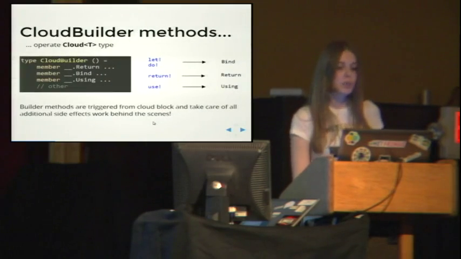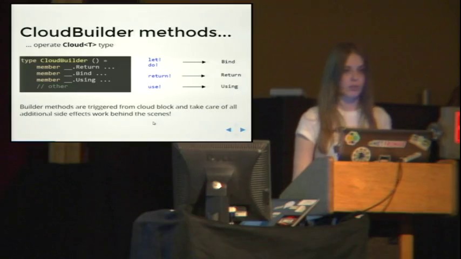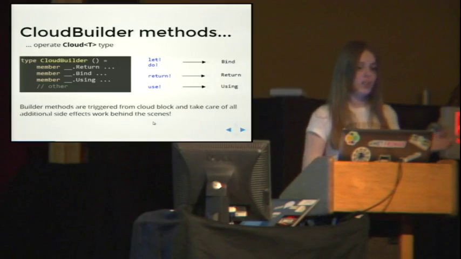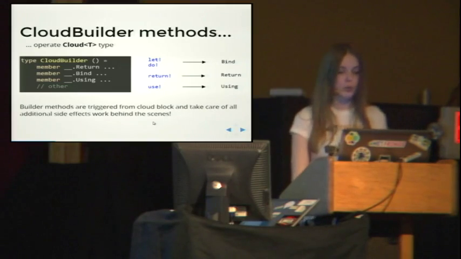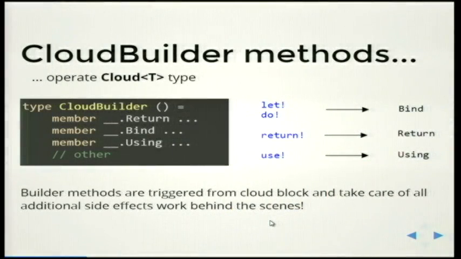Each method of the Builder class takes an operation and a continuation and uses them inside the body to perform the distribution. If we look through the workflow, it is like the following. When the compiler meets a keyword with an exclamation mark, for example let!, it triggers the call to the bind method.